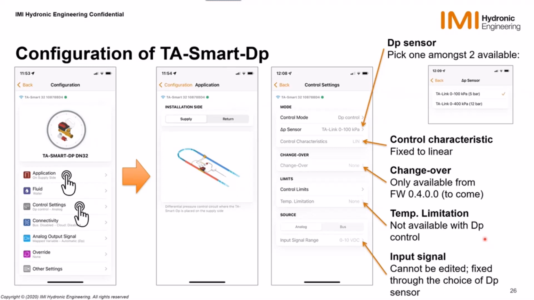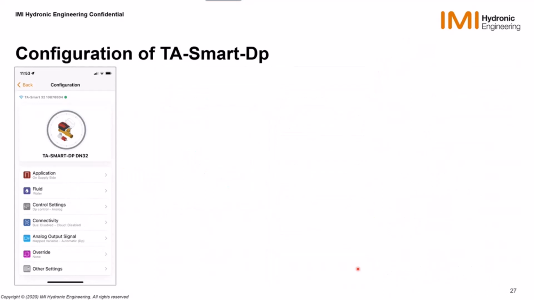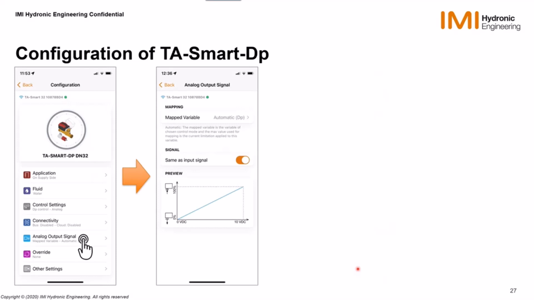And then finally, the input signal cannot be edited, the control source neither. When you are in DP control mode, you have to be analog on the compatible signal with the delta P controller, and iTune takes care of that. You get as well a possibility for analog output.